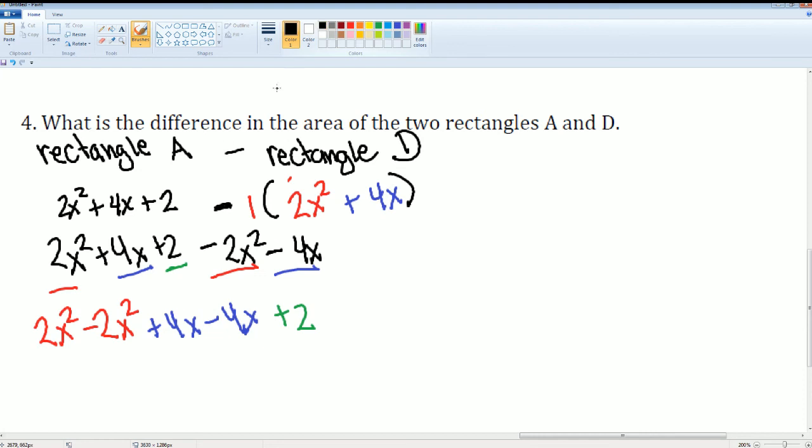Okay, notice this becomes 0x squared. 4x minus 4x also becomes 0x. Do we ever write 0x squared? No, we don't. It's useless. Okay. Do you ever write plus 0x? No. Okay. This is your final answer.